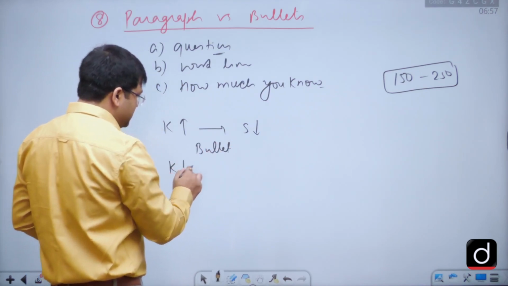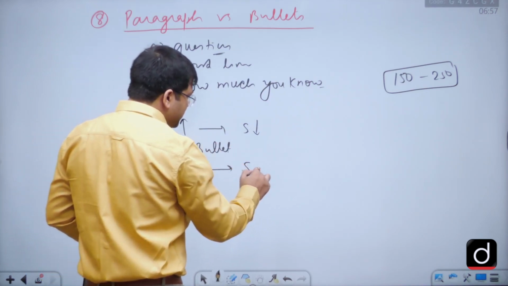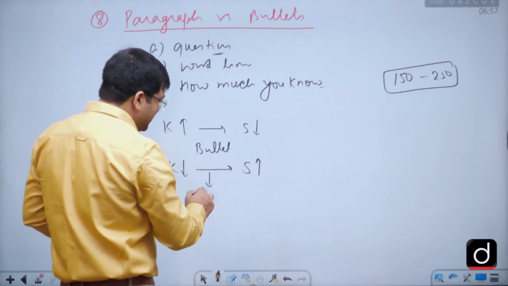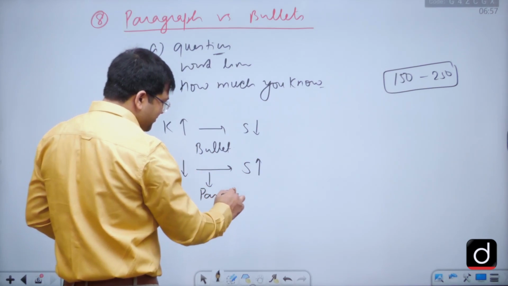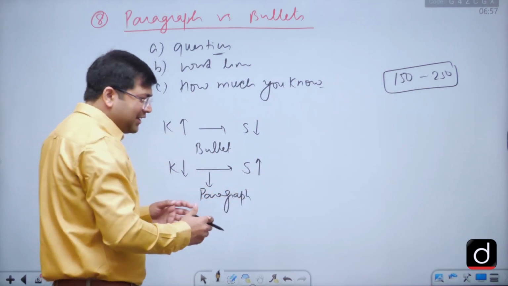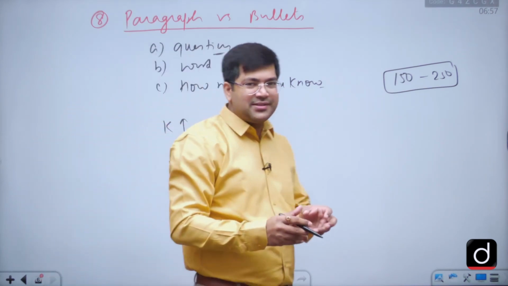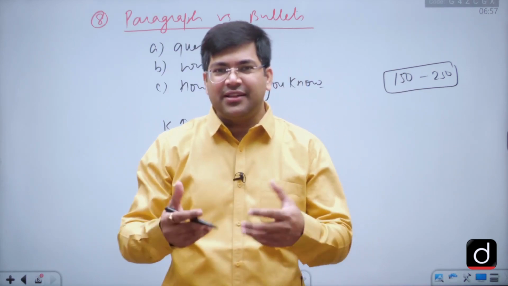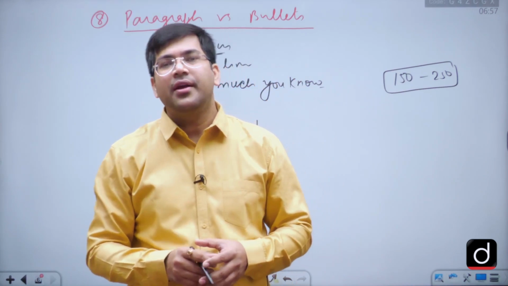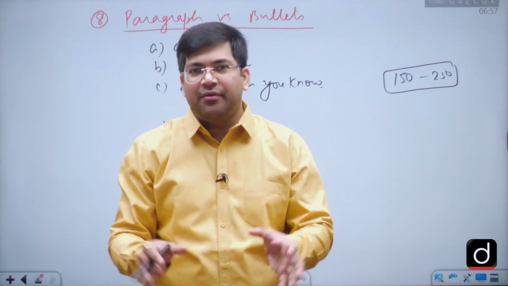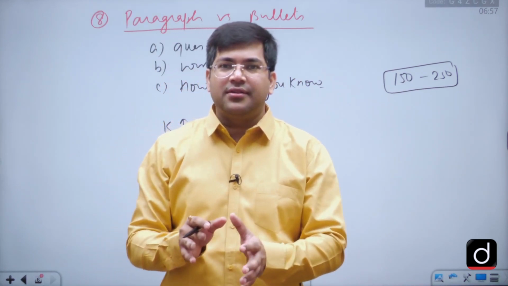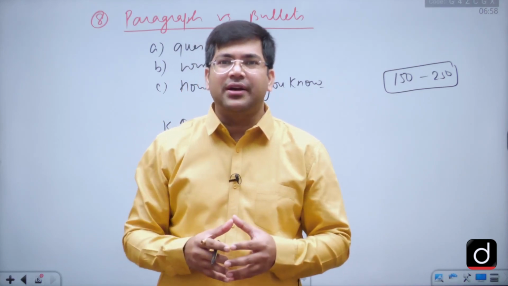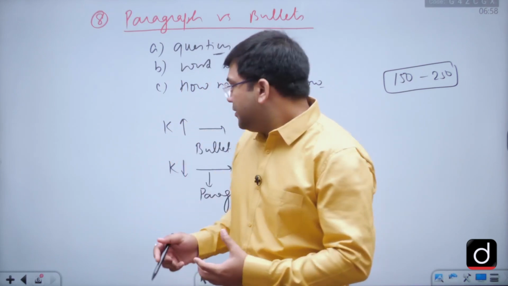If you know less and space is more, then it is advisable to write in paragraph, because paragraph writing will occupy more space, and your answer will look, at least at first, like you have covered the proper points and delivered the proper content.